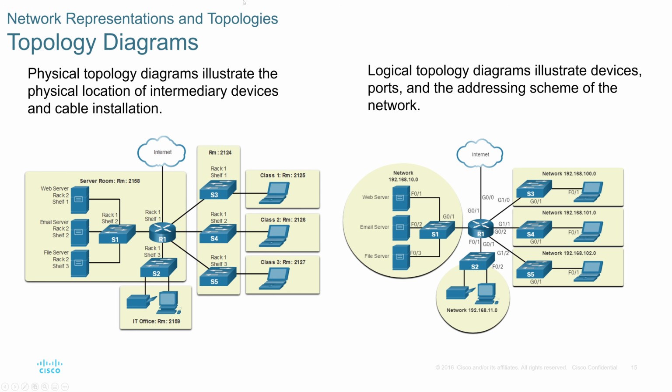If you look at the diagrams right here, both left and right, these are the exact same network configurations, but described slightly differently. On the left hand side, you see the physical topology diagram. So you have the internet, you have a router, and you have a bunch of switches, and end devices such as the email servers, web servers, printers, and users.